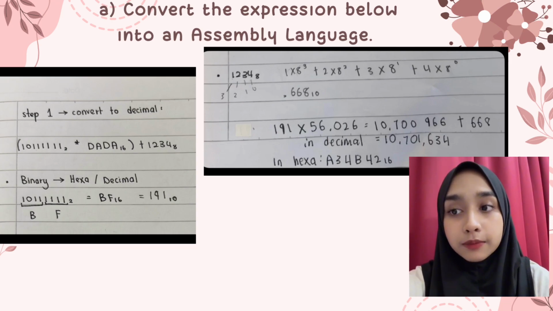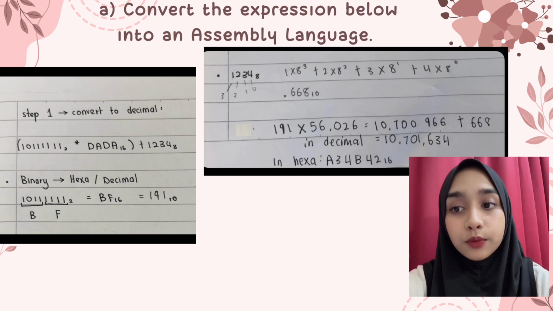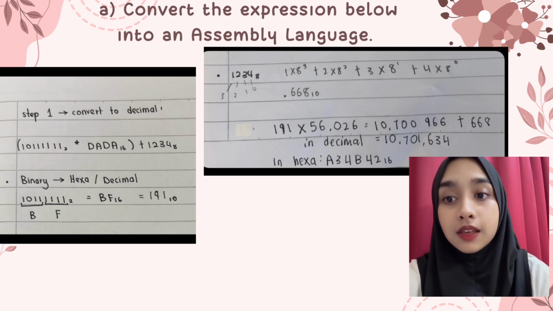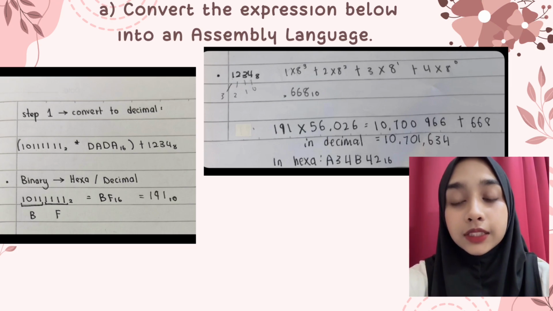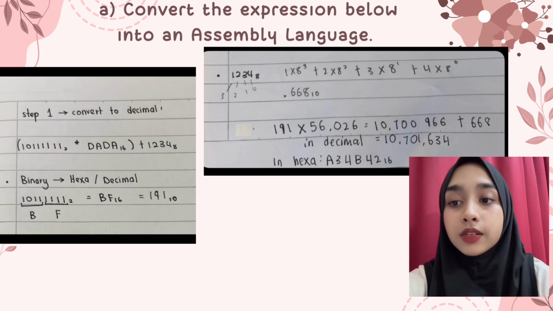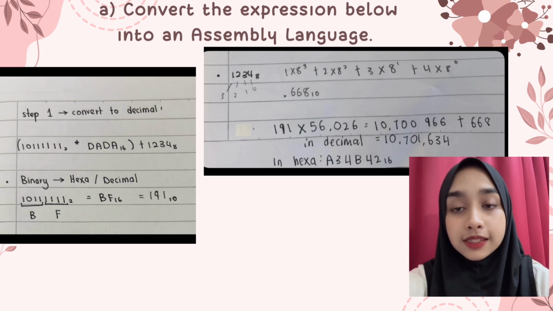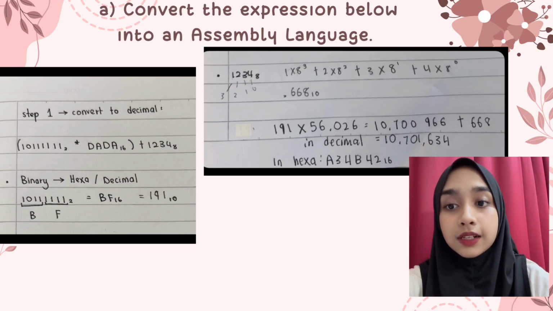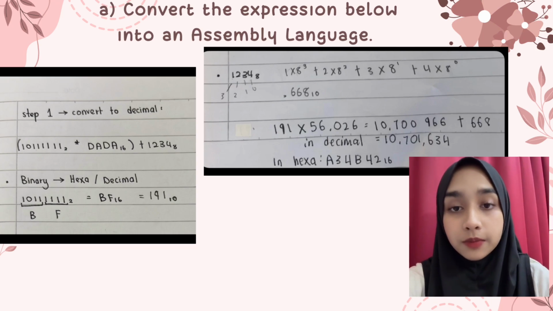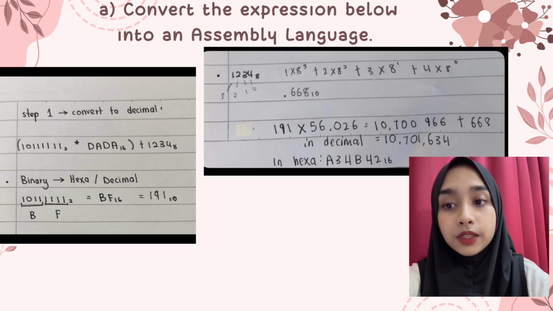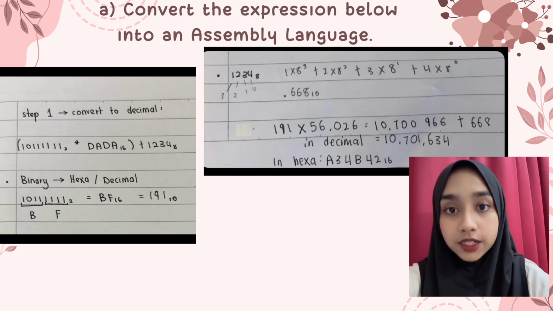Next, I multiply 191 with 56,026 and add 668. The total in decimal is 10,701,634. When converted to hexadecimal, the answer is A34B42 base 16. So this is the value we will use in the assembly instruction.